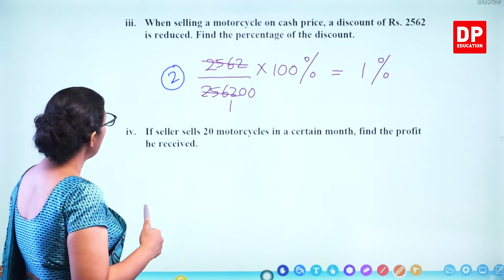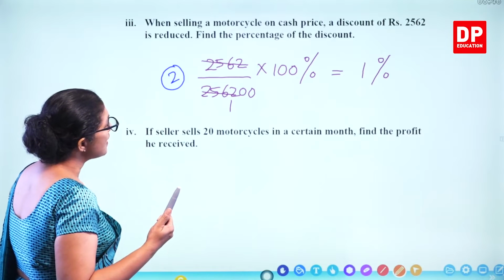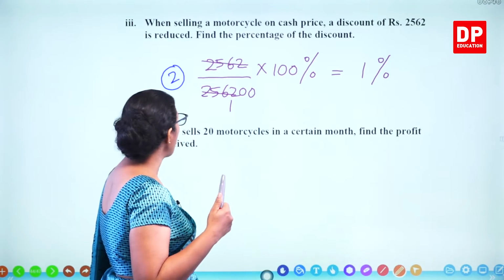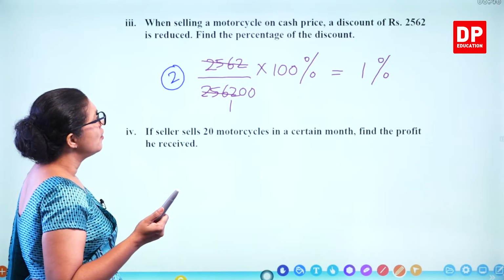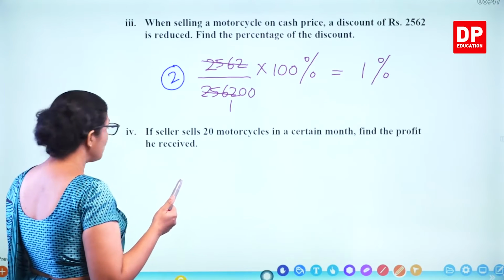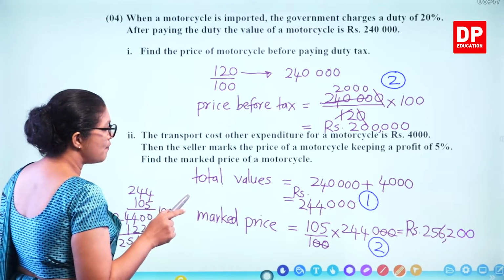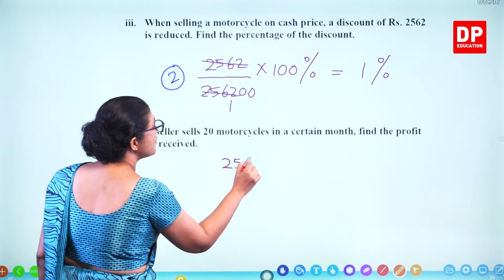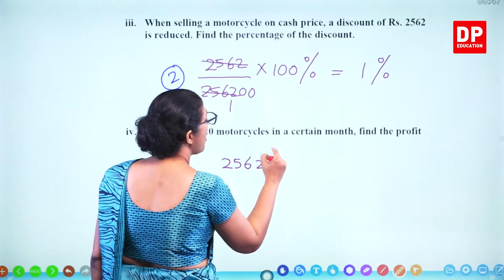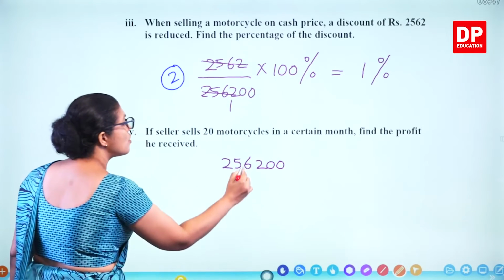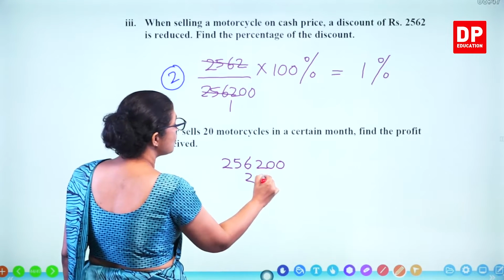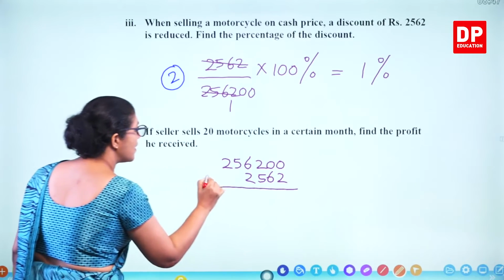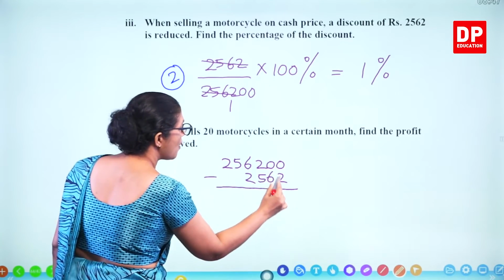Look at the fourth part. If the seller sells 20 motorcycles in a certain month, find the profit he received. So now we found out the marked price was 256,200. But after that, a 2,562 discount is given. So what's the price now?